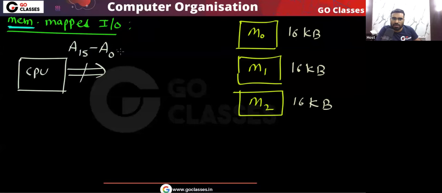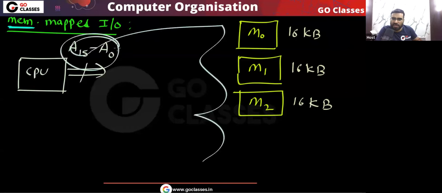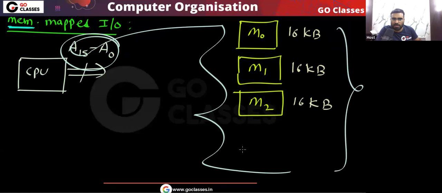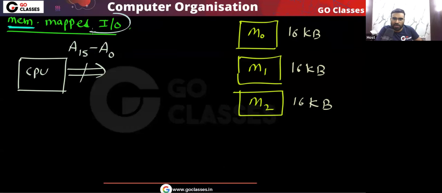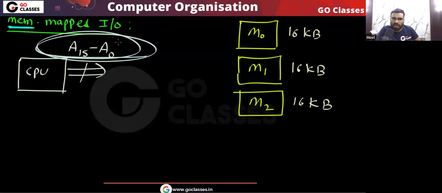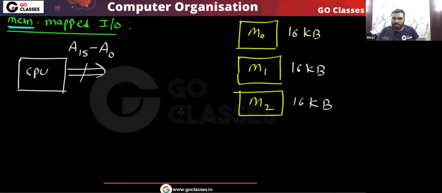Remember, there are total 2 power 16 addresses. If you use all of them for main memory, we can have 64 KB. But in memory mapped IO, the IO devices will share some of the addresses, so we cannot have 64 KB main memory.